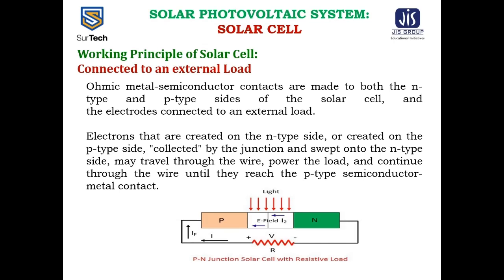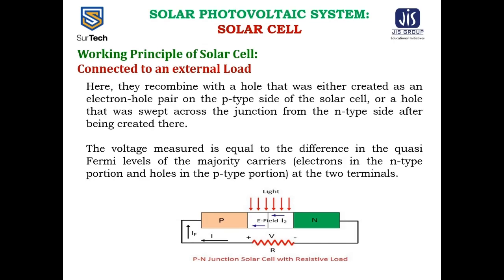Electrons that are created on the n-type side, or created on the p-type side, collected by the junction and swept onto the n-type side, may travel to the wire, power the load, and continue through the wire until they reach the p-type semiconductor metal contact. Here they recombine with a hole that was either created as an electron-hole pair on the p-type side of the solar cell, or a hole that was swept across the junction from the n-type side after being created there.